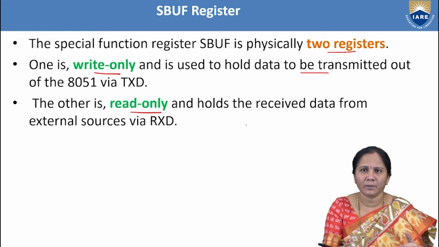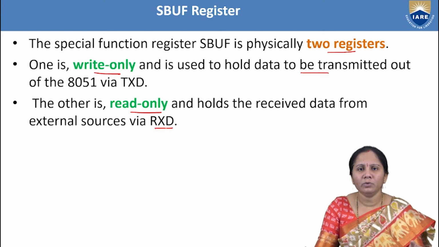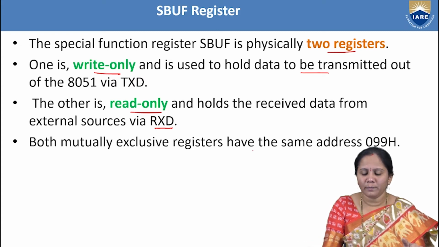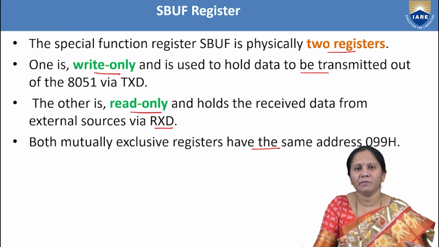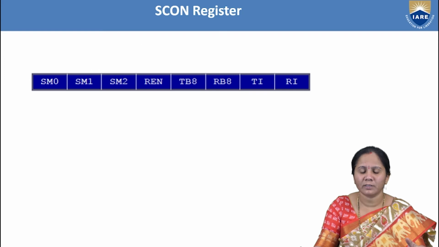Reading means receiving, so through the RxD pin it receives data and puts it in the SBUF register. Both mutually exclusive registers have the same address, 99H. The SBUF register has a fixed address of 99H in the SFR address space, and it is not a bit addressable register.